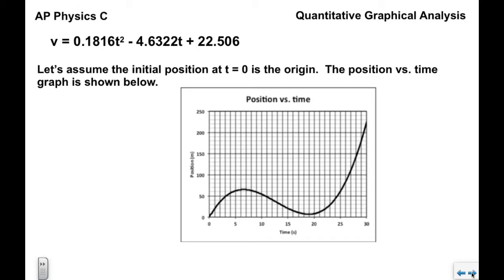So now if we assume that the initial position is at the origin, at 0, we could integrate this function and we would find that the graph looks like this. In the event that you needed to sketch the graph, you wouldn't need all these points.